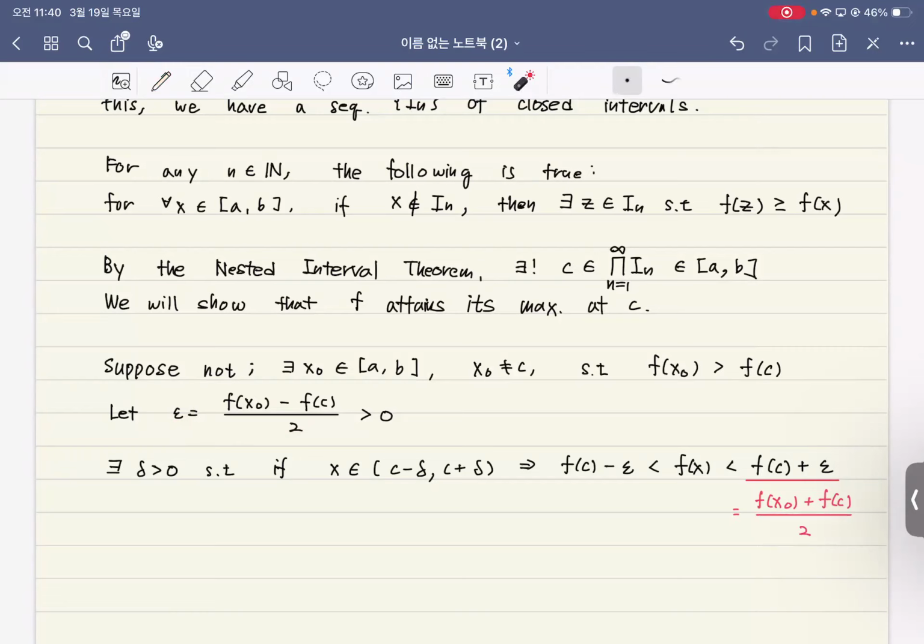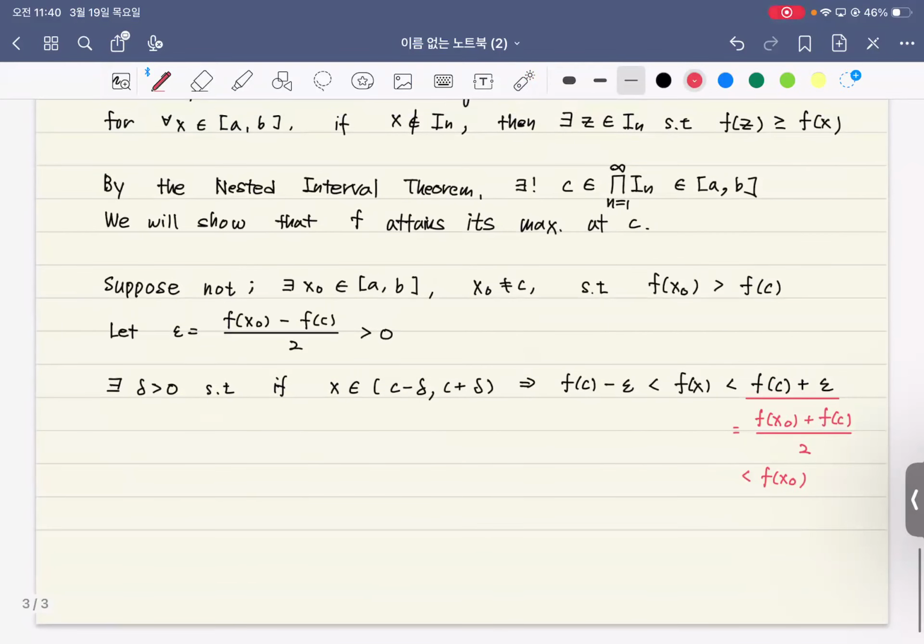This is just the midpoint between f of x0 and f of C. And clearly, this is less than f of x0. So on this interval, the function values are always less than f of x0, okay?